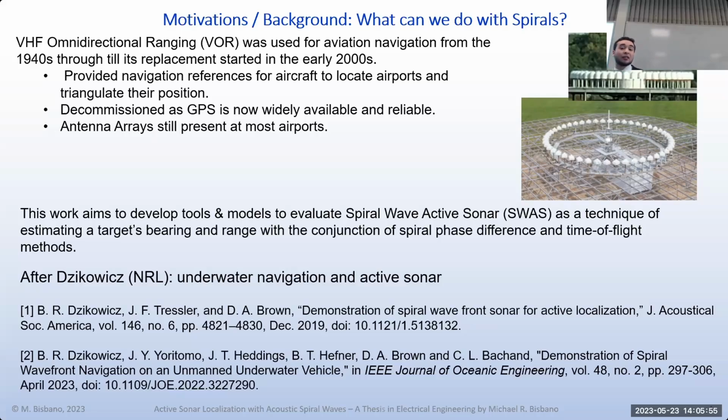These arrays of antennas, you can see the circle. There's maybe an antenna placed every 10 degrees, probably 36 antennas located around, and they can phase that array to create a spiral wavefront, and they co-locate that with an omnidirectional antenna in the center. And now they can provide navigation information for aircraft just with the conjunction of a spiral wave, which has a phase front that varies by 2 pi with bearing, and an omnidirectional wave, whose phase front doesn't vary with bearing at all.